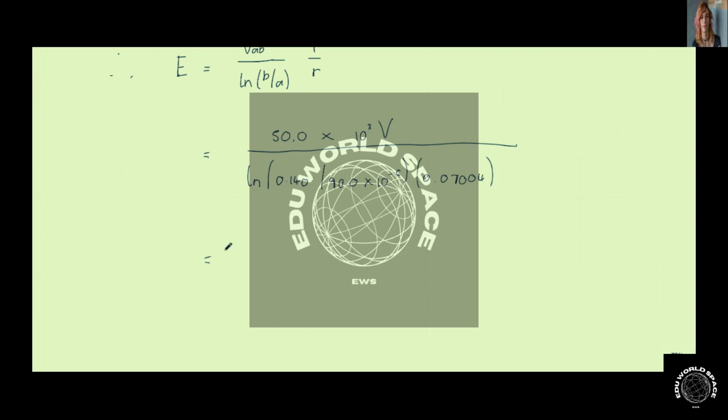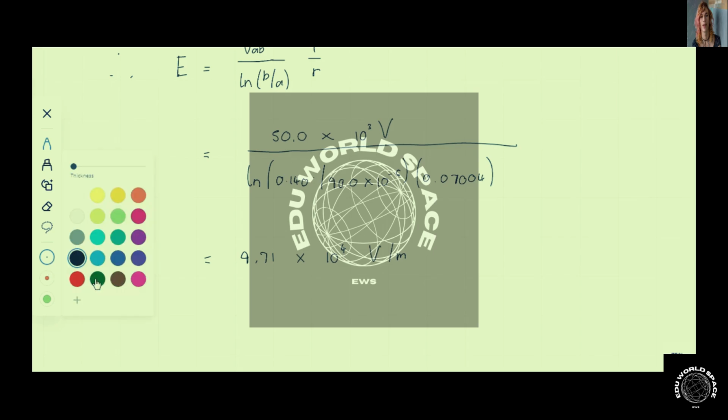Since all our values are in SI units, we get an electric field strength of 9.71 times 10 to the power 4 volts per meter.